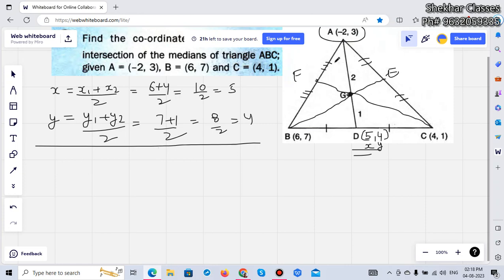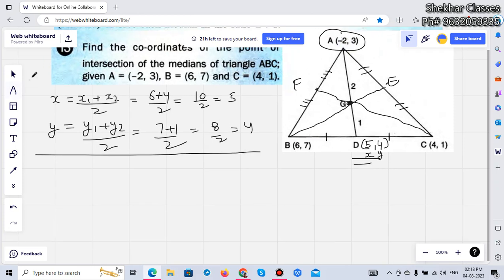Okay, section formula, how do we use it? Let this be X1, and this is Y1, and this is going to be X2 and Y2, and this will become X and Y. Use the formula.